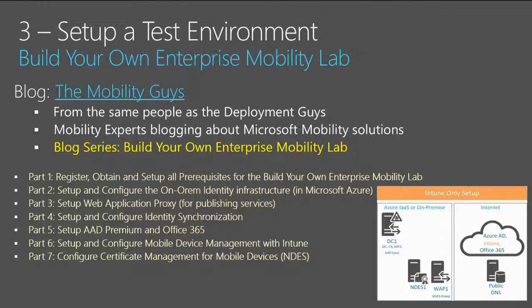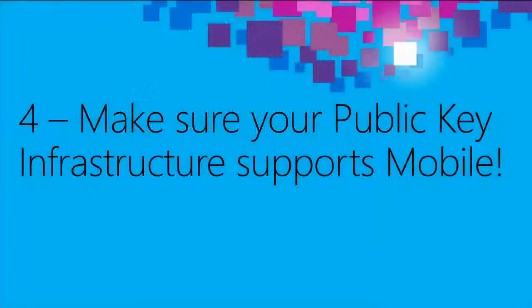And set up and configure mobile device management with Intune, it's the next step, and then we go and set up the certificate solution. So that's where I want to refer to if you want to build a quick end-to-end mobility solution with most of the components that you would need if you build a full enterprise ready solution.